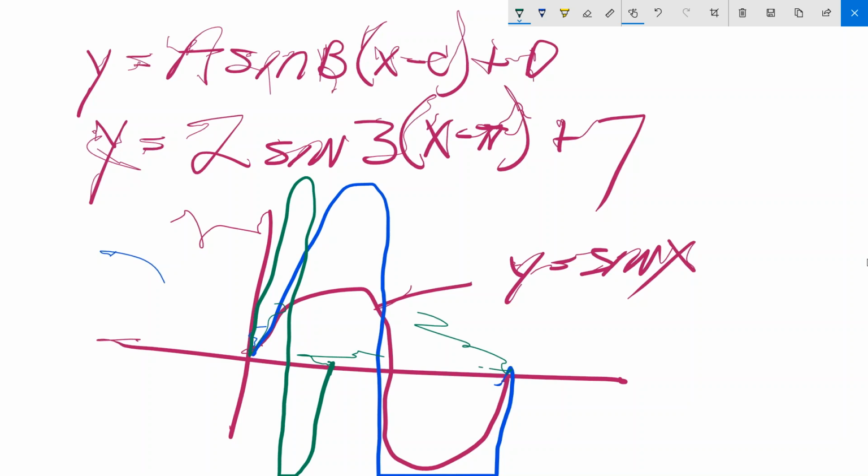Third, the pi is a horizontal shift. Which way? To the right. Okay, by pi amount. So I'm going to take this green curve, shift it to the right by pi, looks something like that.